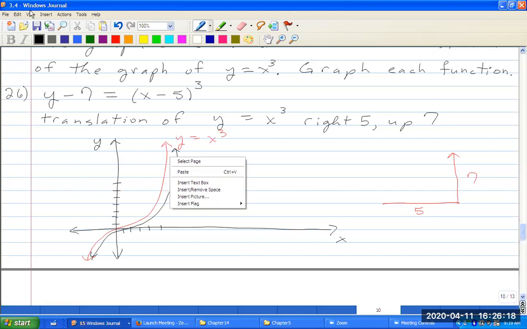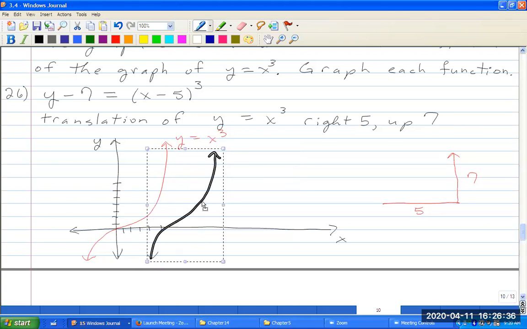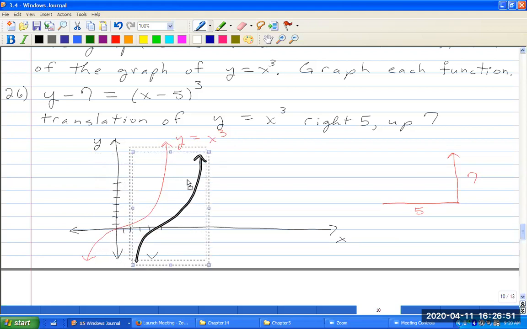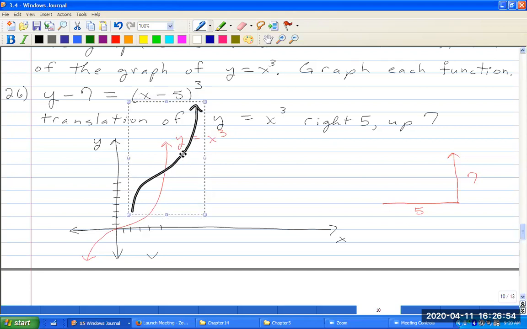If I can't do it, then I can't. So just forget that I did that. Let's say it looks something like this. Good enough, it looks close enough to the original graph. So I go 5 in the x and then 7 in the y. There. And that's what the graph looks like.